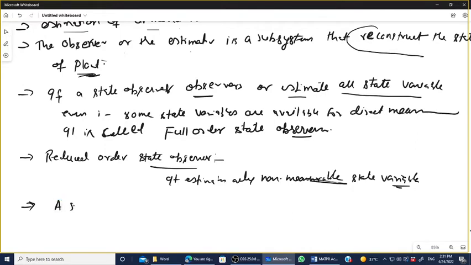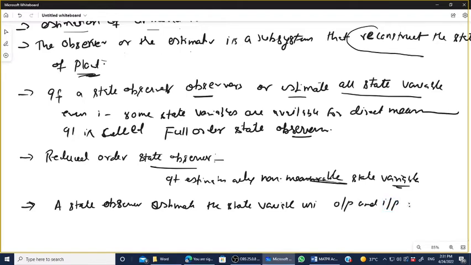So the state observer estimates the state variables using output and input.